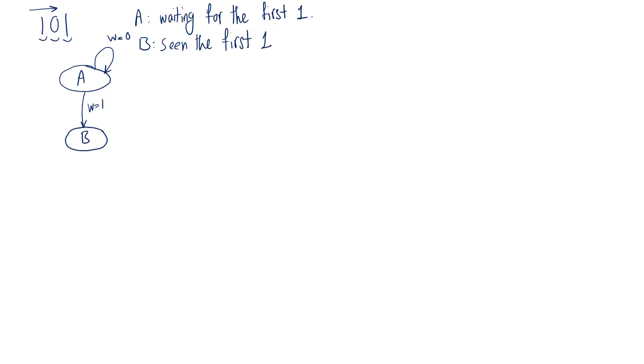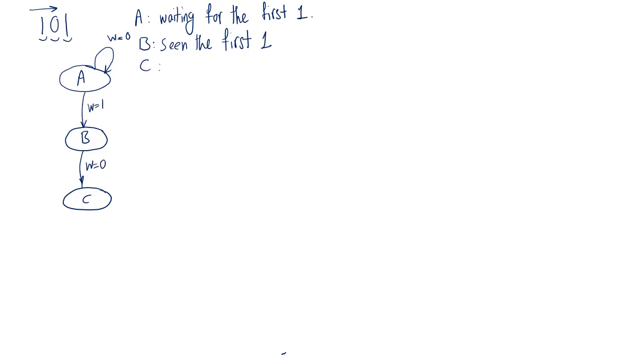Okay, so now I've seen the first 1. I've seen the first guy with eyeglasses, and now I'm interested in whether the next guy is going to be a guy with green jacket. Let's say that happens. So I go to state C. So W equal to 0.